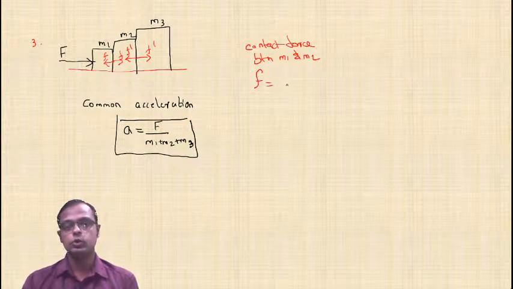F is equal to mass into acceleration. Now just think, this small f makes which bodies accelerate? Can you type it now? The force small f makes which bodies accelerate together?